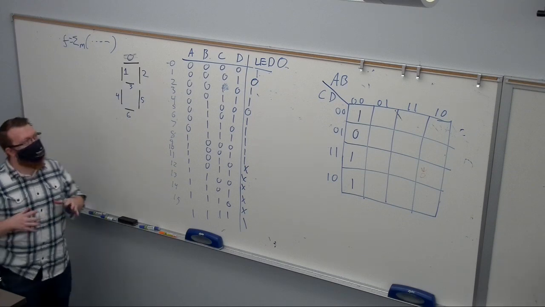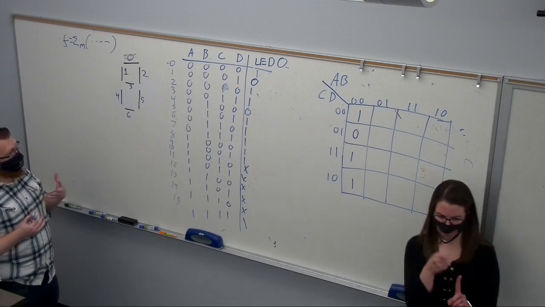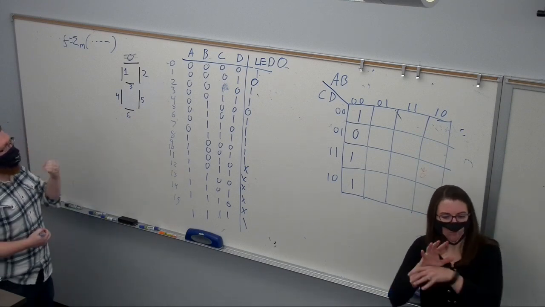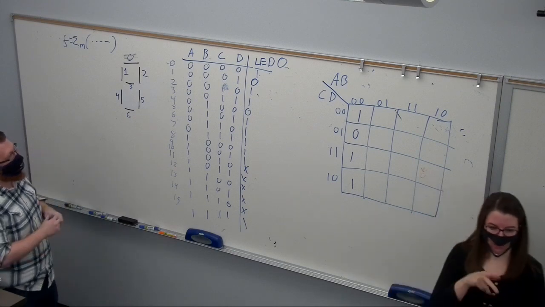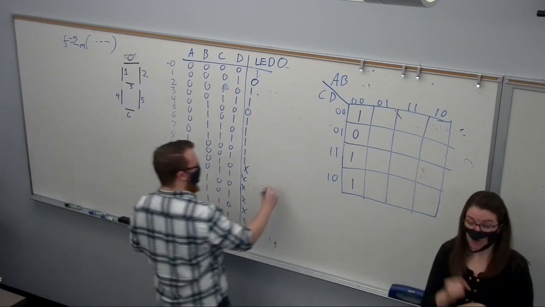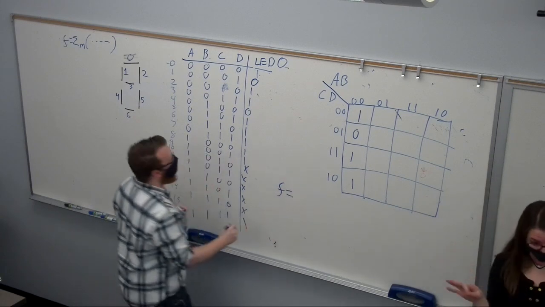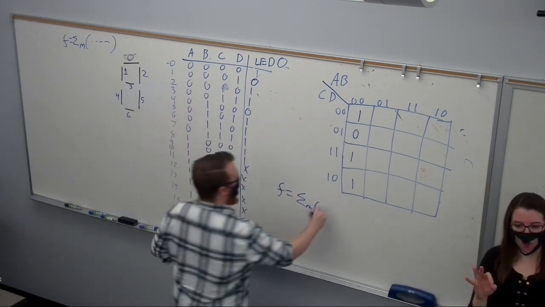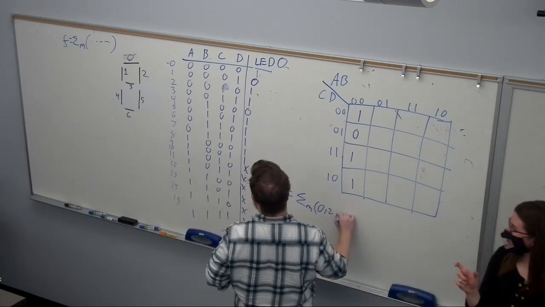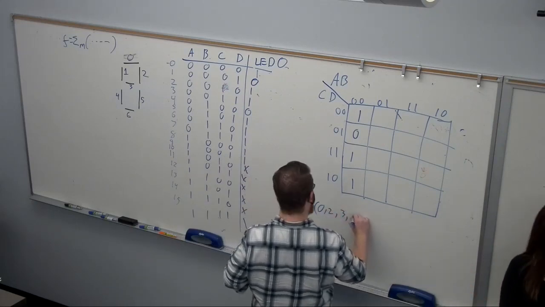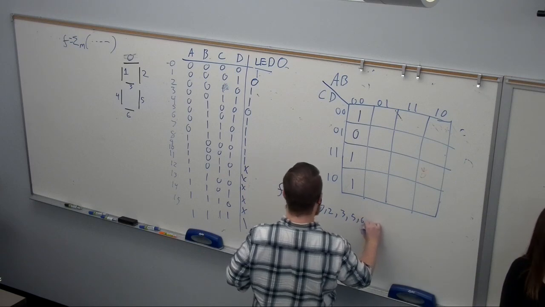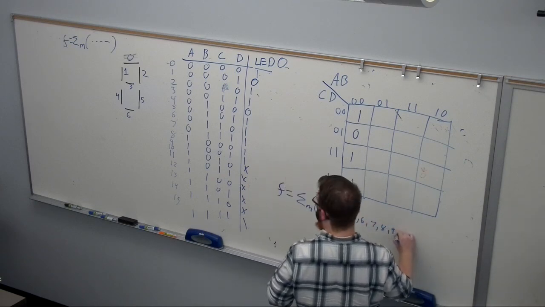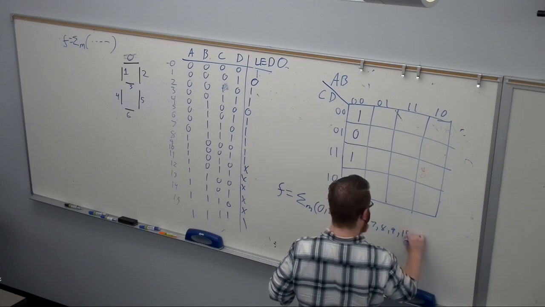Okay, so what I want to point out for this K-map, because we're starting to get familiar with going truth table to map, is that if I were to give you the expression of this, it is F is equal to the sum of min terms 0, 2, 3, 5, 6, 7, 8, 9, and 15.